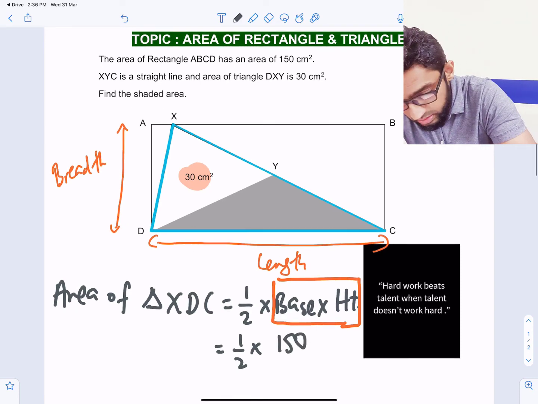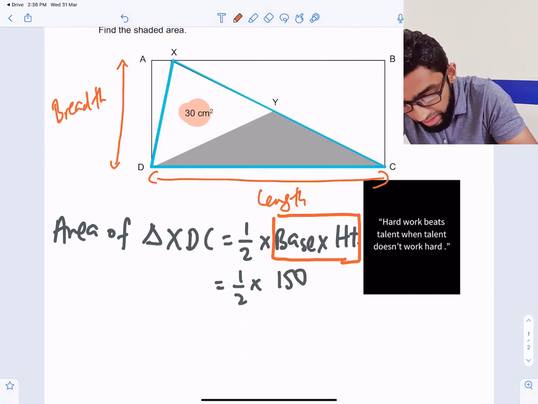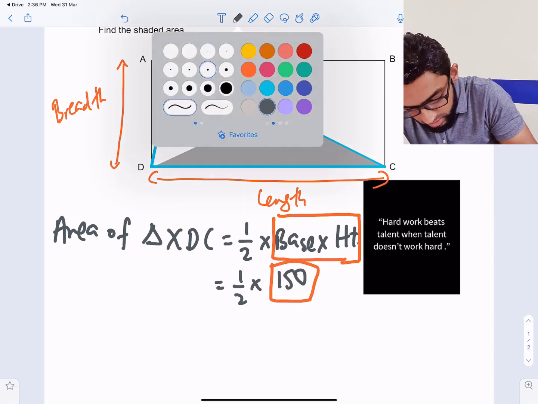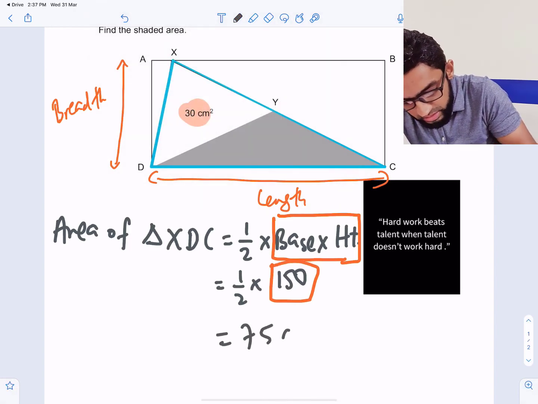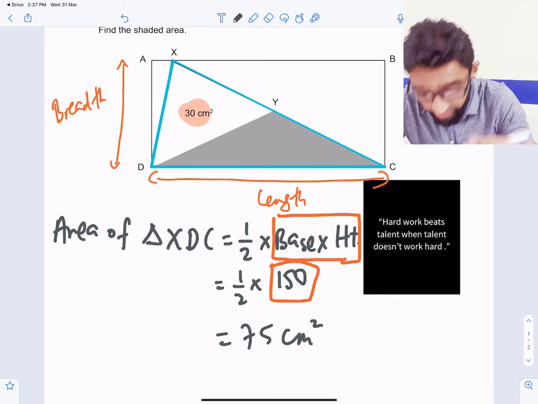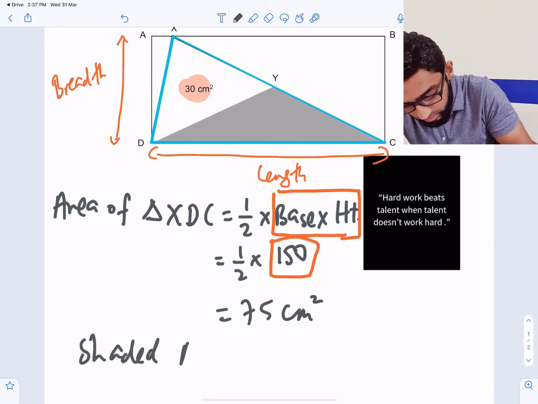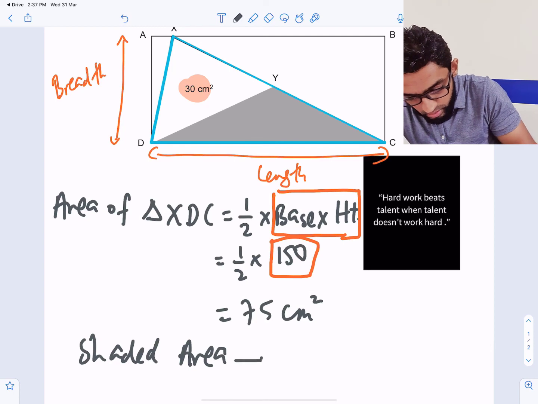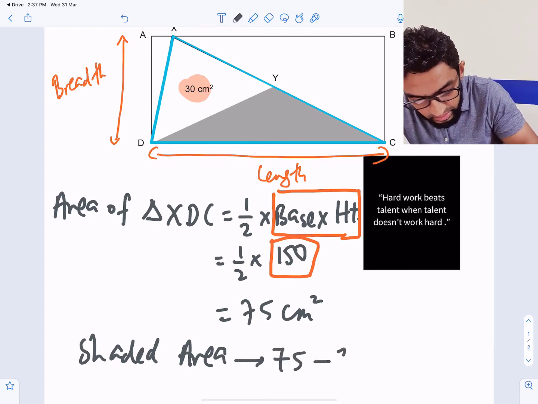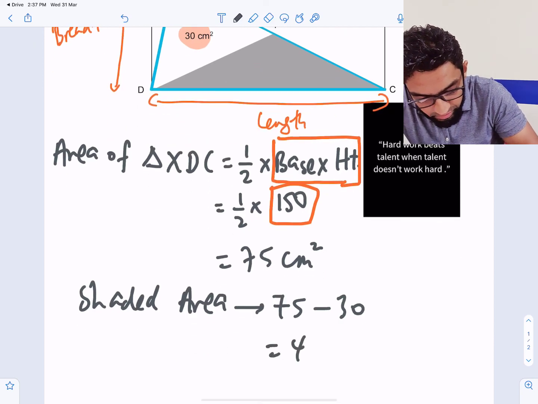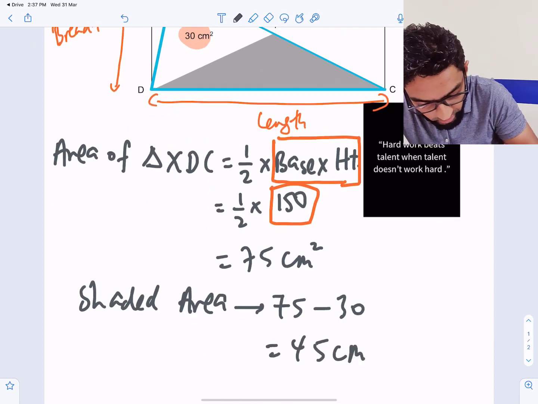So what's half times 150? 75 square cm. And from there, we can find the shaded area. 75 minus away that 30, and we'll get an answer of 45 square cm. Okay, final answer for this.